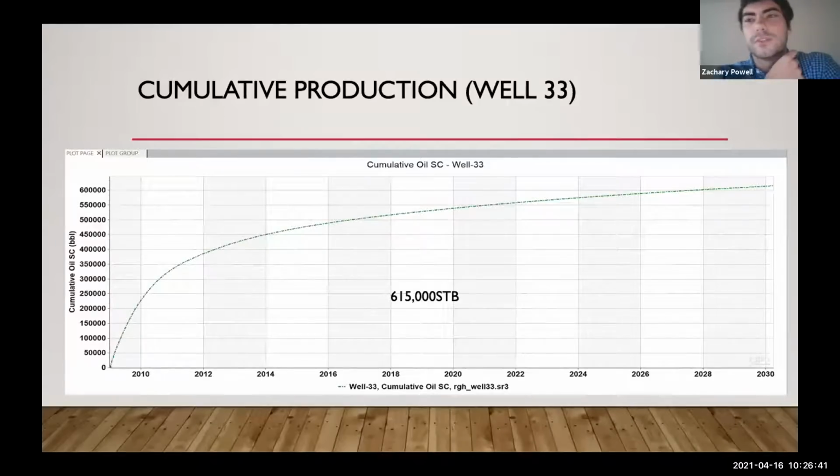And this is a graph of cumulative production for well 33. There are other producers producing at this time, but this is just cumulative production in this 20-year span for well 33. It produced 615,000 stock tank barrels.